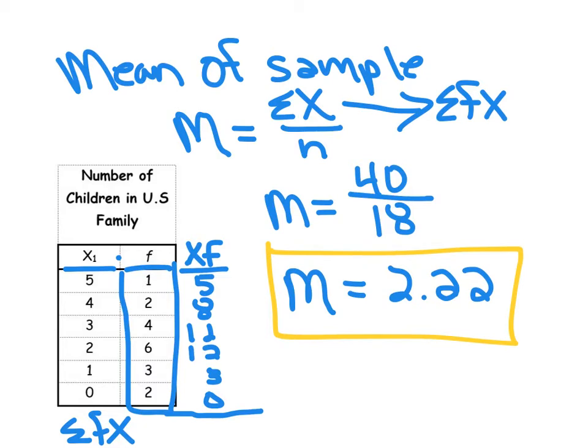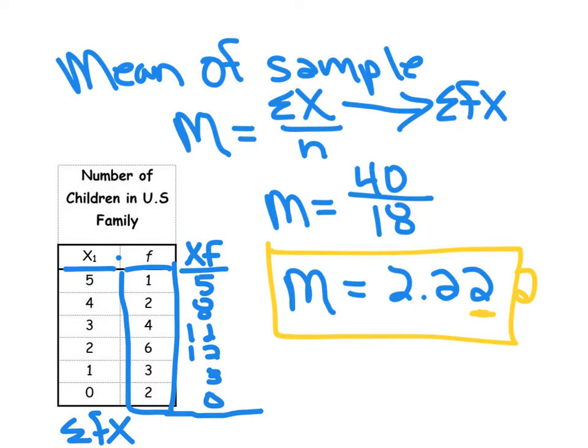So the mean number of children in US families from this sample is 2.22. If you'll notice, this is the second decimal, and because this was a 2 over here, we just keep it at 2. If it was a 5 or greater, that would have been a 3, so it would have been 2.23. So you need to round appropriately.